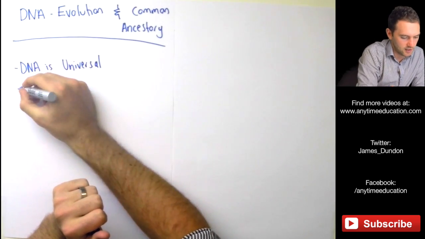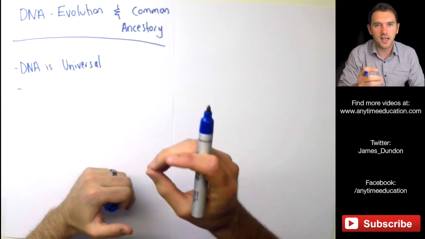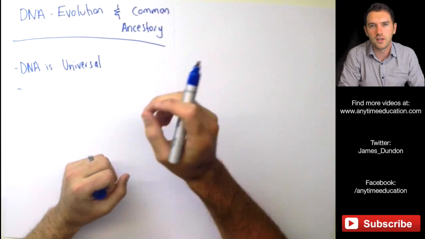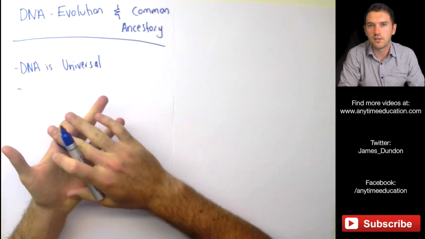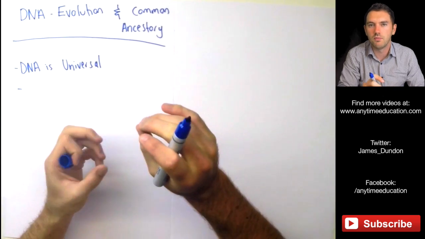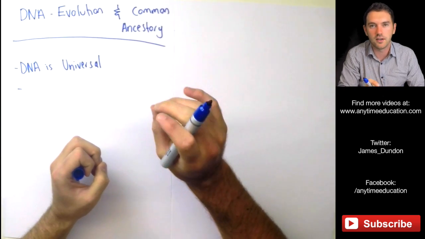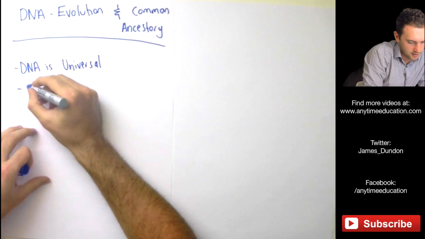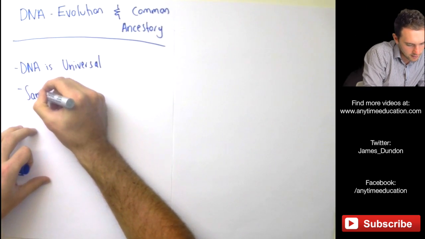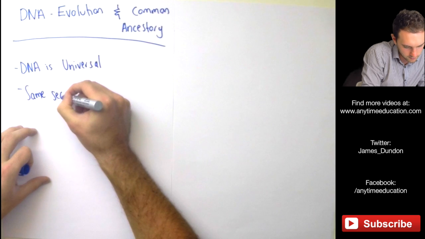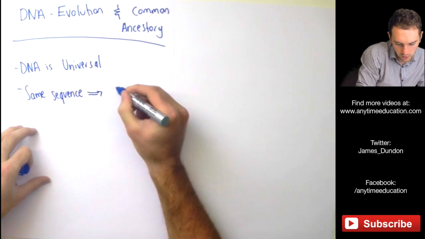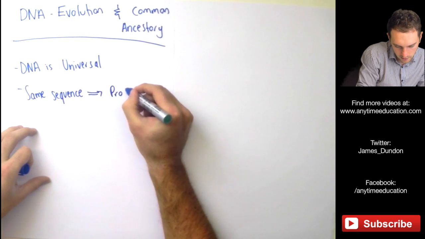We also see the same DNA sequences code for the same proteins in a process called transcription and translation. If you want to know more details about that, check out any of our other videos on AnytimeEducation.com. But basically we're saying the same sequence codes for the same protein.